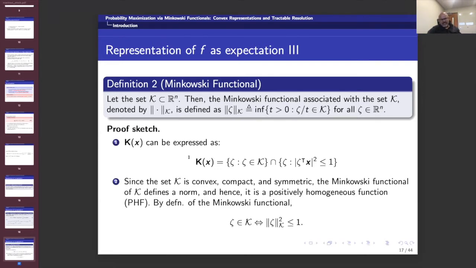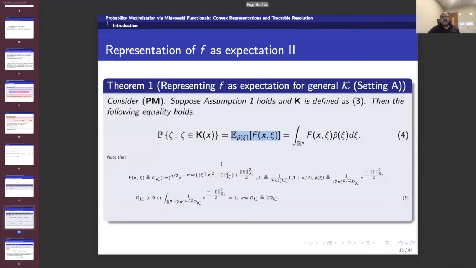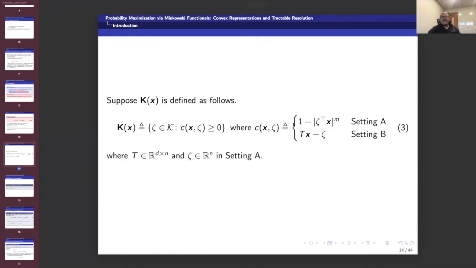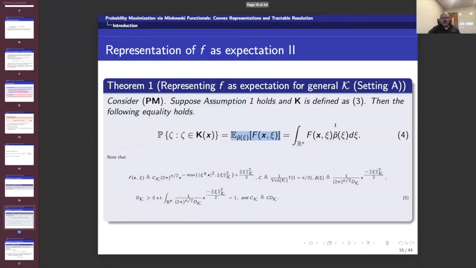Remember what K of x is. K of x is defined as the set of zeta such that c of x, zeta is non-negative. In this particular case, c of x, zeta for setting A is 1 minus zeta transpose x raised to m. If c of x, zeta is non-negative, that's equivalent to saying that zeta transpose x is less than or equal to 1.